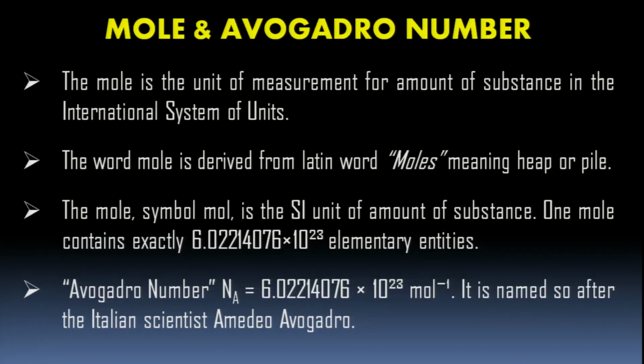You can imagine how big a number. It's a very, very big number. But children, this number, 6.022140076 into 10 to the power 23, is known as the Avogadro number. It's a large, huge number. And it's named after the Italian scientist Amedeo Avogadro.